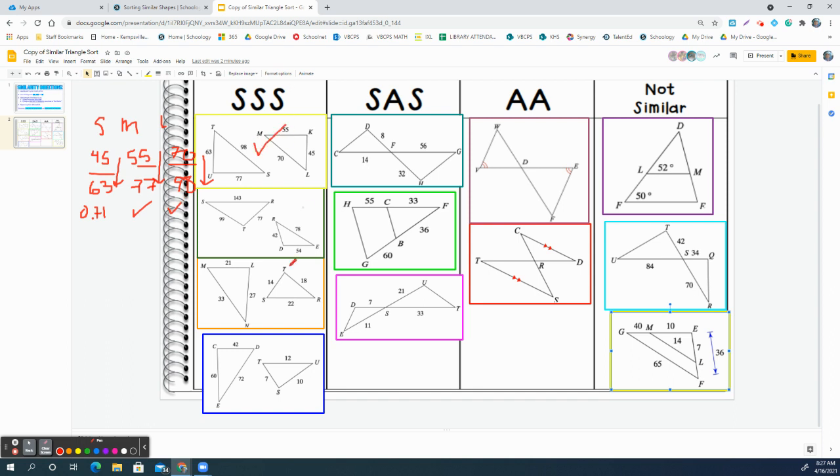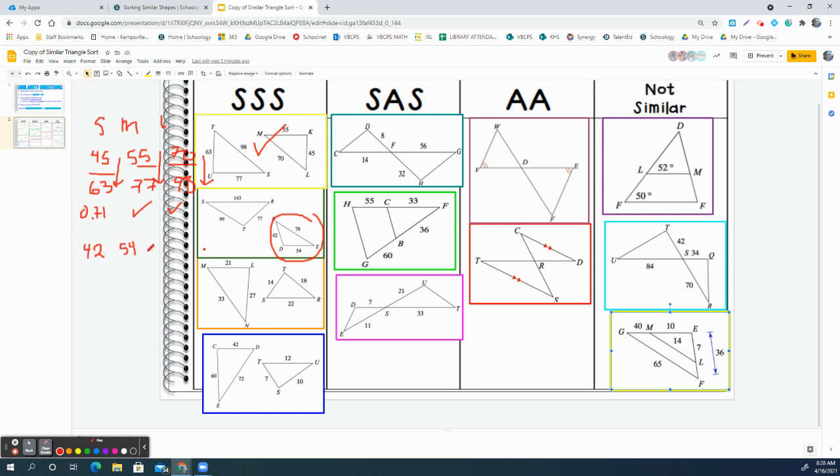So this one gets to stay. It's side, side, side. We started with all its small triangle sides and put all the big triangle sides underneath. We organize them small side, medium side, large side. And then we just find the decimal and make sure they're the same. So you take a minute and check this green one. How would you organize it? If you start with that small triangle and put it in order, small, medium, large.